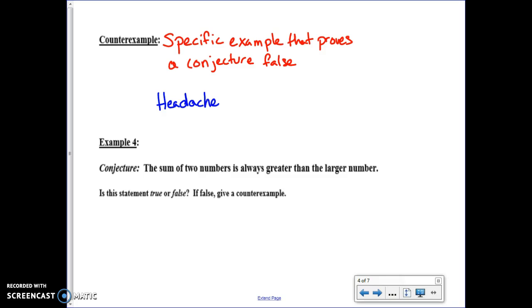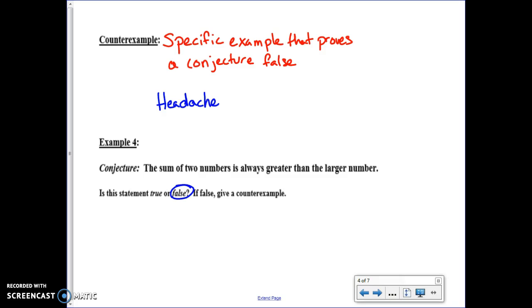Conjecture, for example 4. The sum of two numbers is always greater than the larger number. Again, pause the video. Write down what you think, true or false. If it's false, give a counterexample. Hopefully you're back with us. I'm going to say this is false. Why is it false?